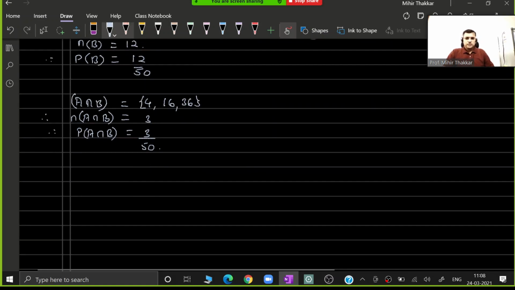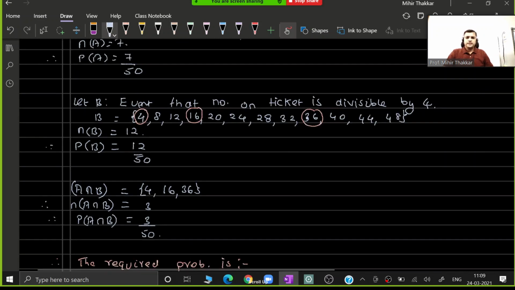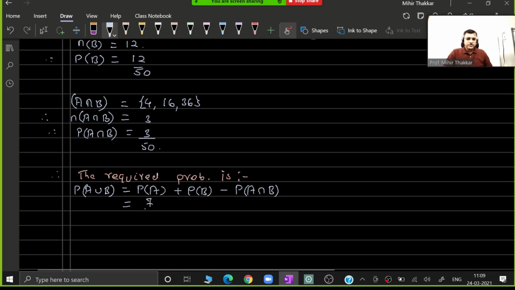So now the required probability is probability of A union B as usual, P of A plus P of B minus P of A intersection B, which goes like 7 by 50 plus 12 by 50 minus 3 by 50.